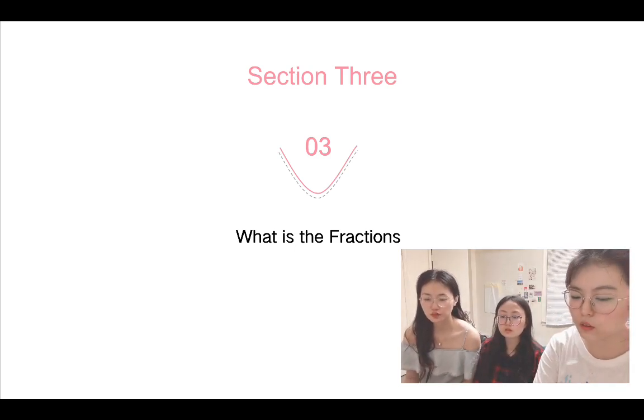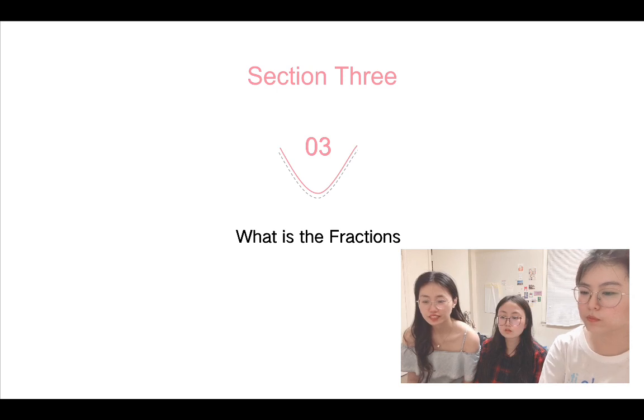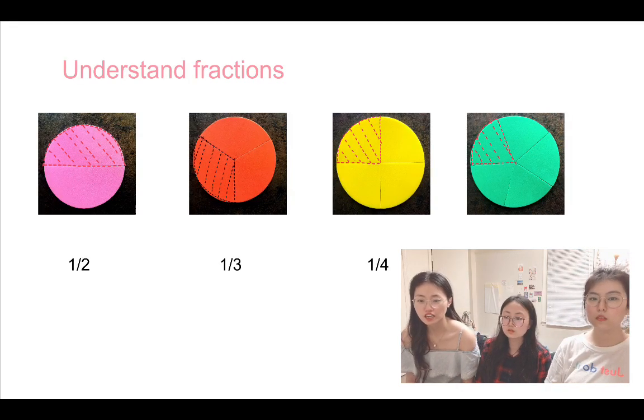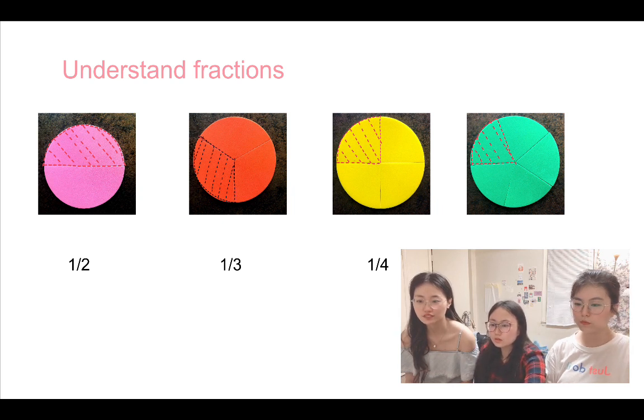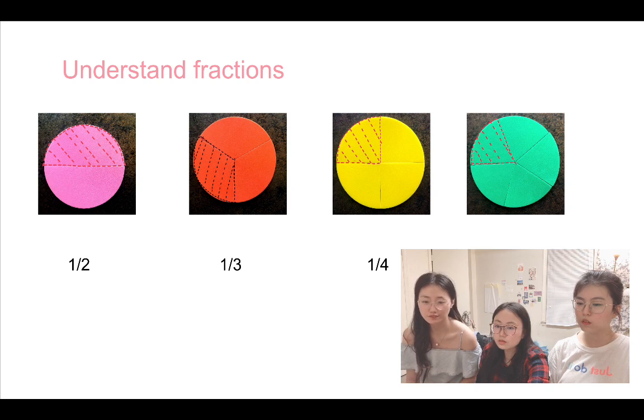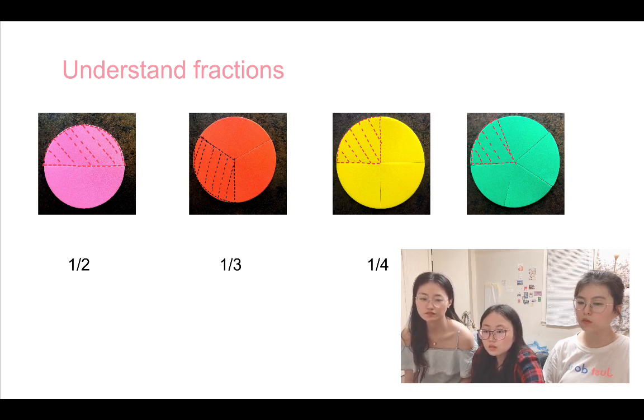Section 3 is what is fractions. And in this part, I use some tools to help students to understand the fractions. So I divide a round paper into 2 parts, 3 parts, 4 parts, and 5 parts to let students understand 1 second, 1 third, 1 fourth, and 1 fifth.